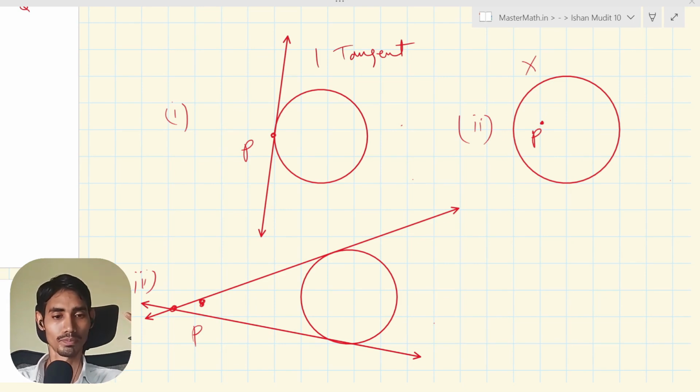Two tangents are possible. Yes, victory. One is this and another is this, and probably you might have guessed, if we connect the radii, both these are going to end up being normal to the tangent.